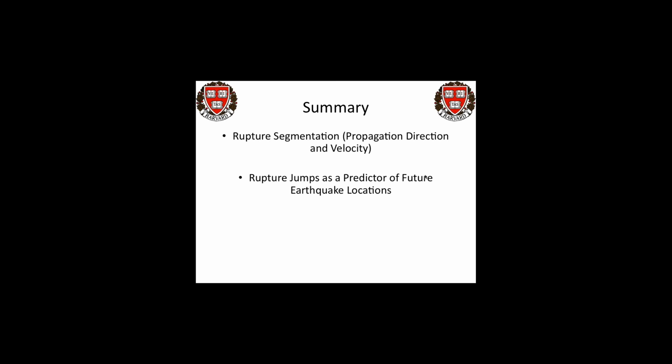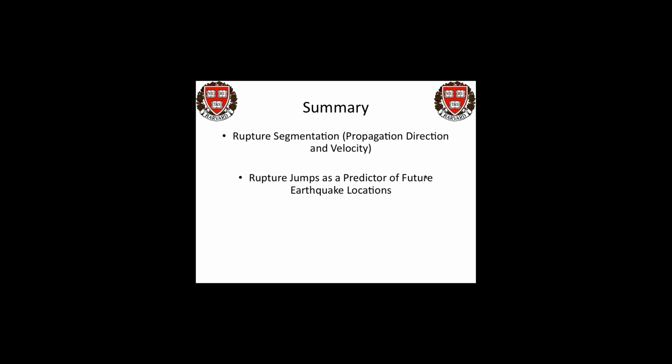Okay, just to summarize, for both events we saw rupture segmentation. That's different segments of the rupture with individual propagation directions and velocities. We see jumps in the rupture for both earthquakes. To be honest, I can't tell you how confident we were in the jumps.